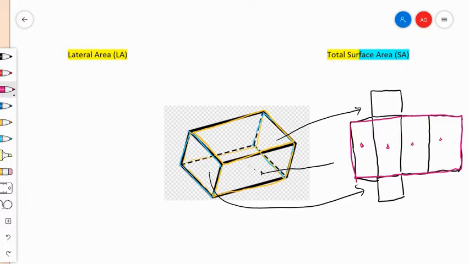But the quickest way to find lateral area is to find the perimeter of one of the bases, and multiply that times the height of the prism. The reason we do that is because if I were to fold my net, or fold this figure, this side would match up here, this would match with the top, and this would be here.